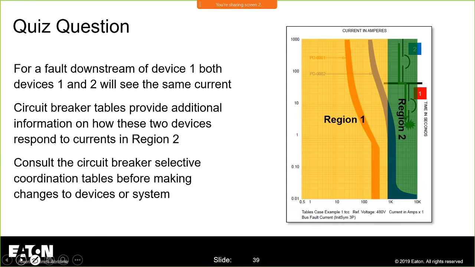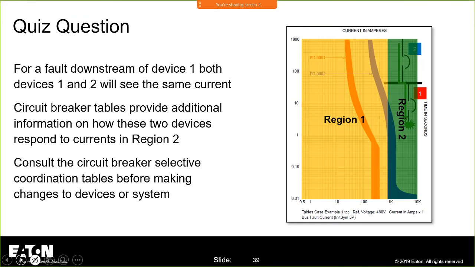When my fault currents are in region 2, greater than the instantaneous pickup of the upstream device, I need some other tool to help me figure out what the clearing time is and whether or not these will selectively coordinate. The good thing for power systems engineers is we have selective coordination tables that you can use.